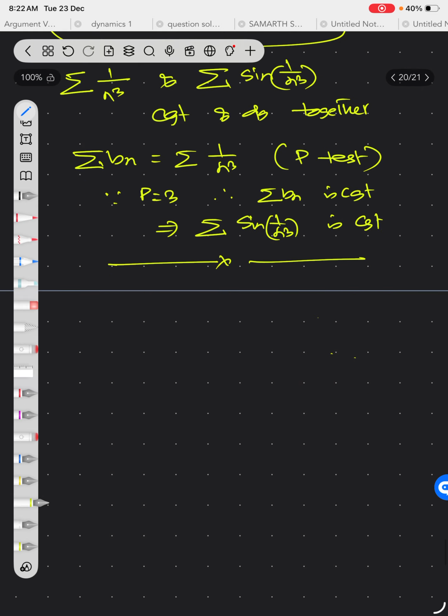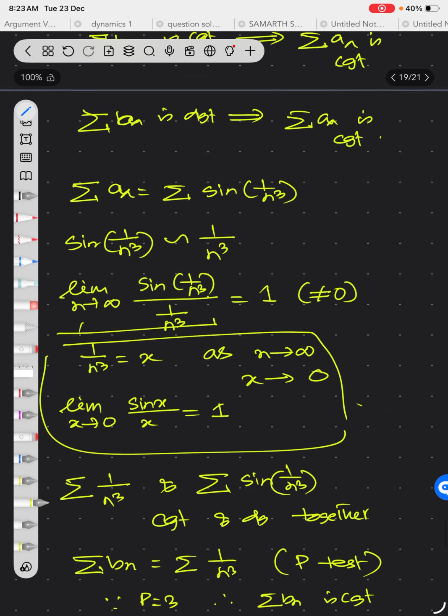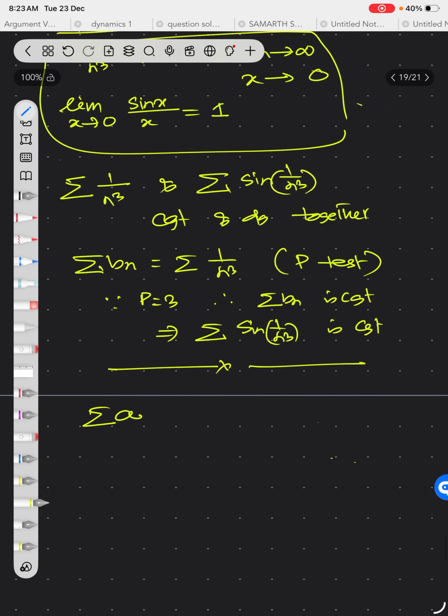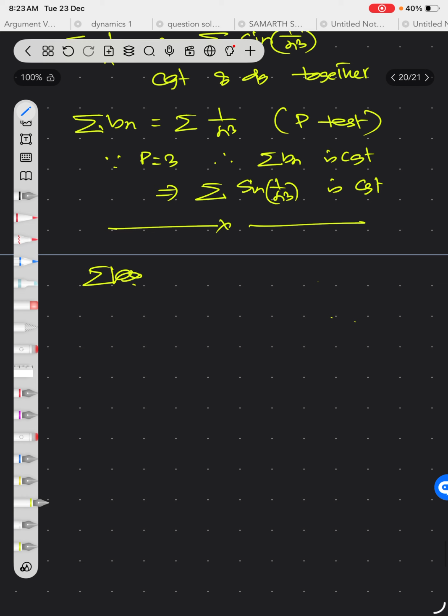By using a similar technique, let us look at the next sequence, b_n, which is given in this way: sine 1 by n.